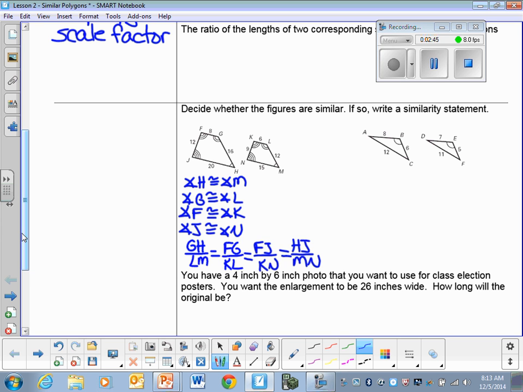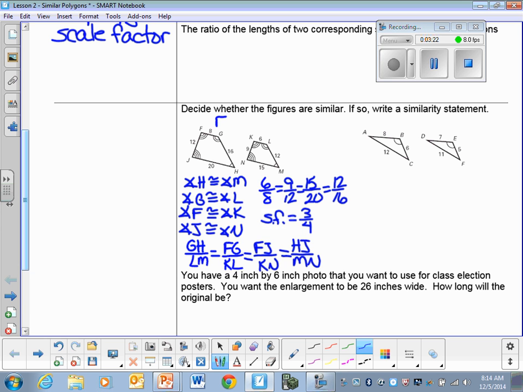That would mean that 6 over 8 equals 9 over 12 equals 15 over 20 equals 12 over 16. So 3/4, 3/4, 3/4, 3/4. So I have a scale factor of 3/4. I have all sides proportional, all corresponding angles congruent, therefore these are similar.